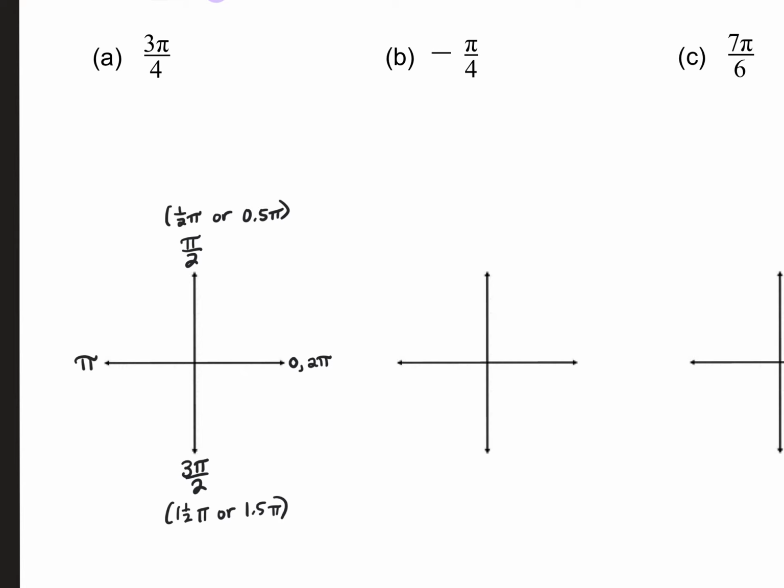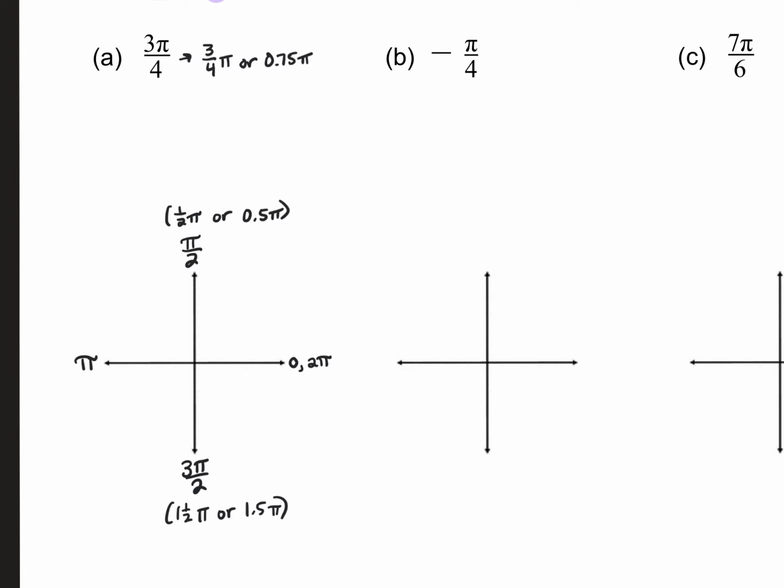So to start with 3 pi over 4, well, you can think of that as either 3/4 pi or 0.75 pi, in which case you might be able to understand then we're going to be somewhere between 0.5 pi and 1 pi. In fact, we're going to be halfway between those two.